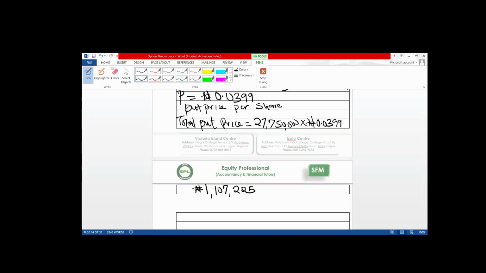That is the total put price. That is the amount you are supposed to pay.